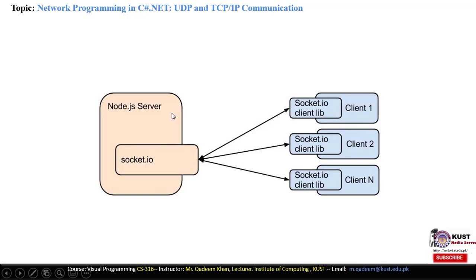Node.js is used when multiple clients communicate with one Node.js server. Node.js uses the socket.io port for communication with the client's socket.io port. So the client library also uses that socket.io port to communicate with the Node.js server.